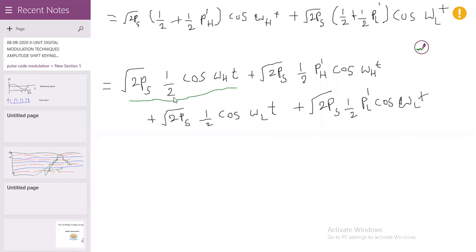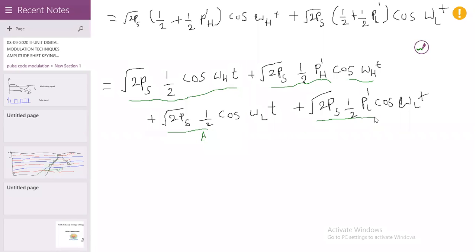This is total amplitude with cosine waveform. Here we can indicate this is a data signal, bipolar, with a high frequency term. Similarly here also there is an amplitude A, let us assume A cos omega LT, an ordinary carrier signal. And here also this is a low frequency carrier signal with bipolar data.